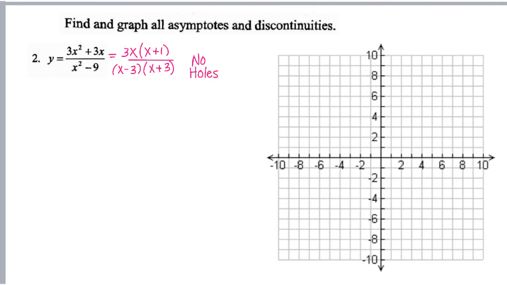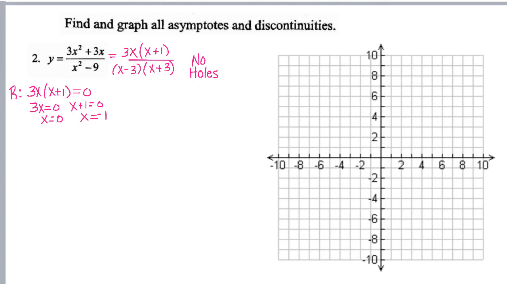So let's go ahead then and go over to our RATEY process. So for R, that means we set our numerator equal to 0 and solve. So that's going to give us 3x equals 0, x plus 1 equals 0. So our 2 roots would be 0, and it would be -1.